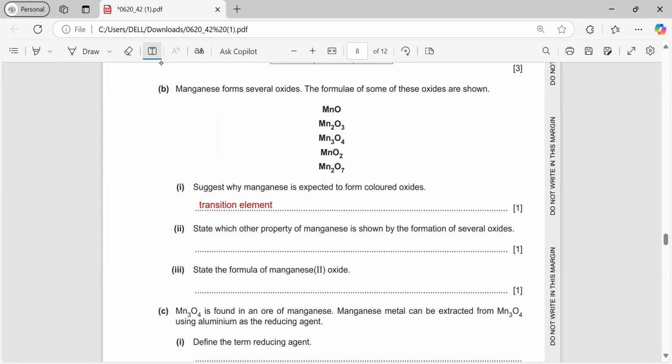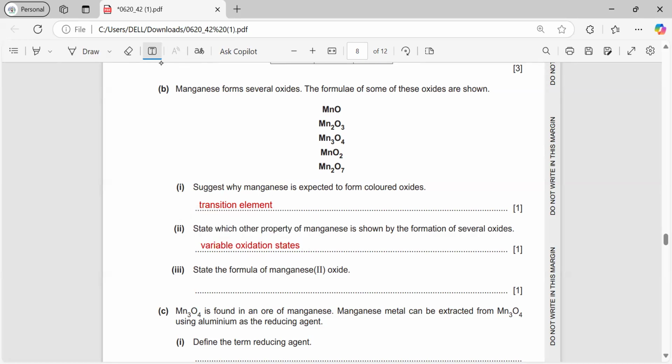Now, manganese is forming several oxides, meaning it forms oxides, the same compound type, with different oxidation states. Because its oxidation state is different, that's why it can form different compounds with the same element. It has variable oxidation state.